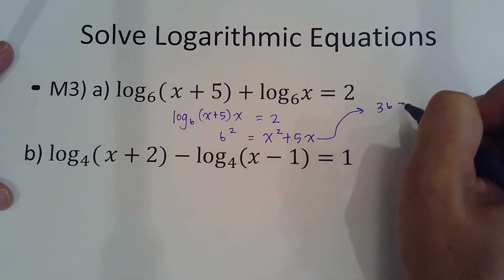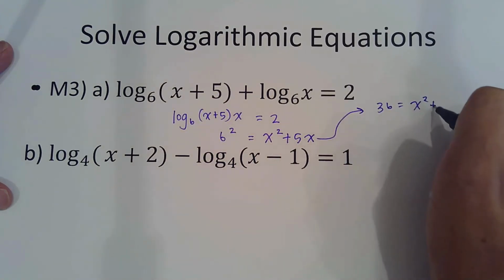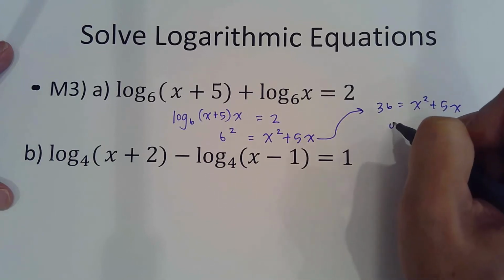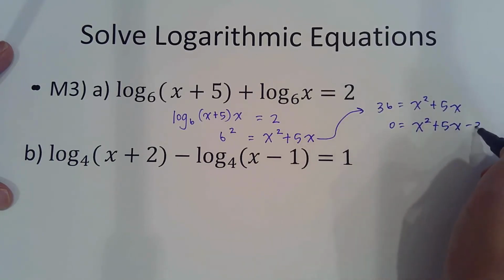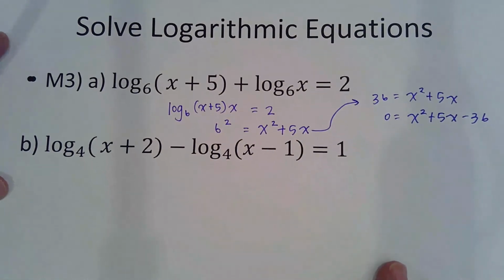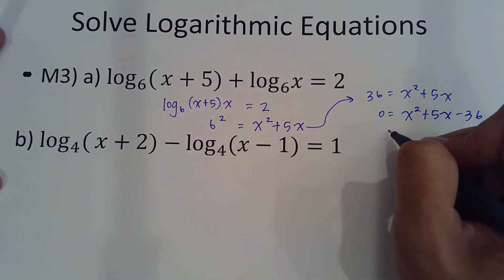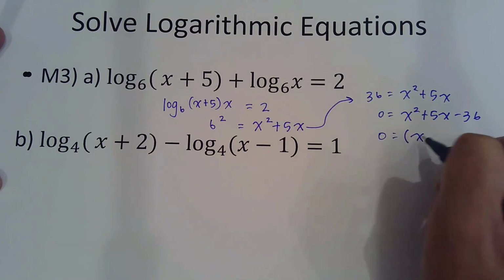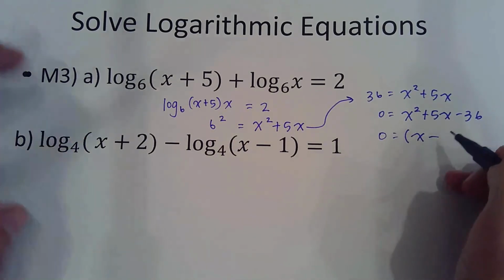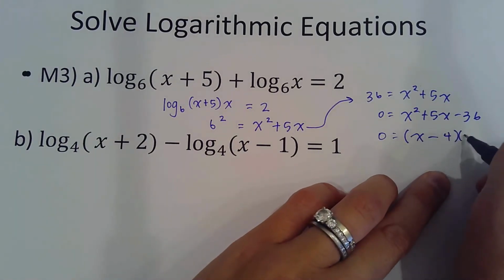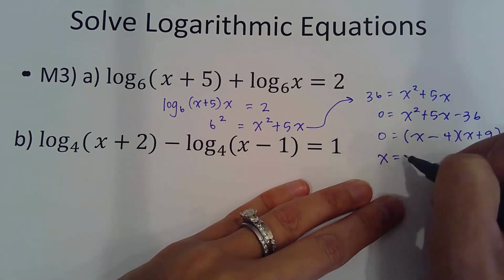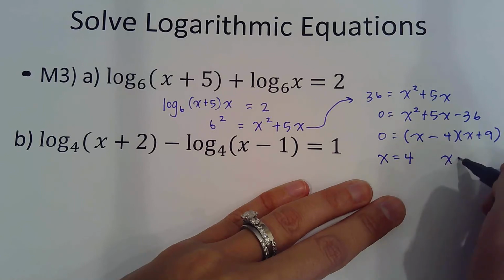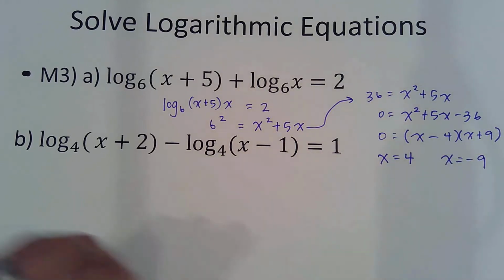So that's 36. I've got a quadratic, so I want to solve, so I need to move that to the other side. So I need to solve here, so I've got x minus 4 times x plus 9. Set those both equal to each other, so x is going to be equal to 4 and x is going to be equal to 9.